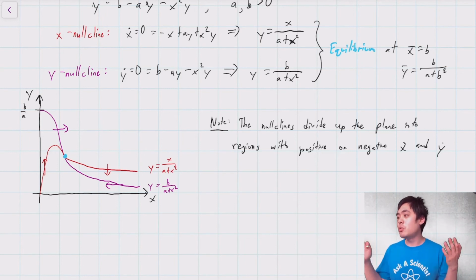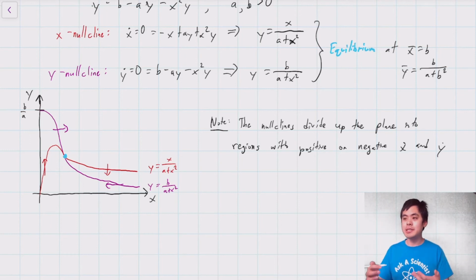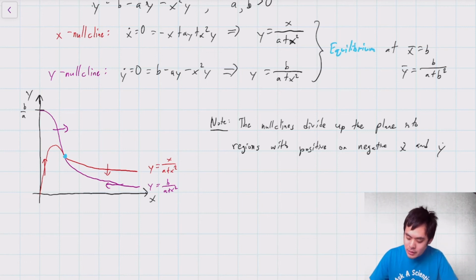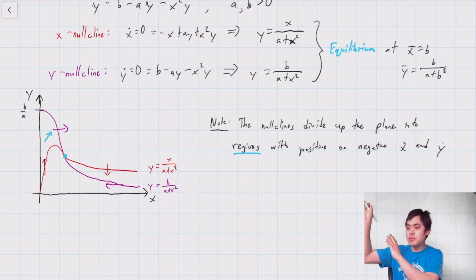So if you were to switch x dot from positive to negative, well, then you have to cross the x nullcline. And if you want to switch y dot from positive to negative, you have to cross the y nullcline. So together, this means that in this region here, between these two nullclines, all your trajectories are pointed up and to the right.